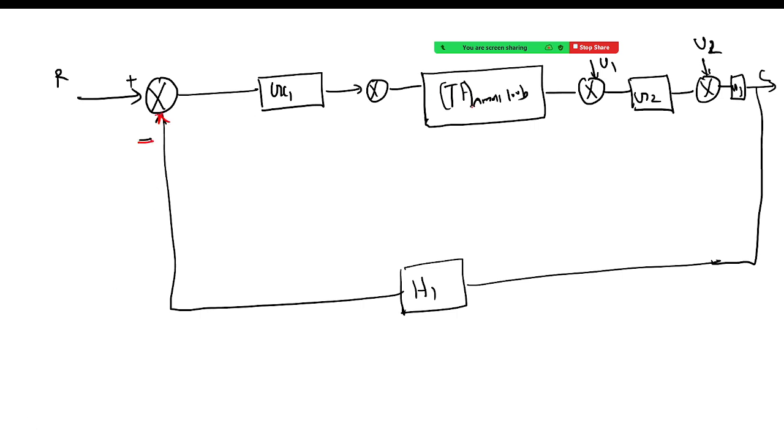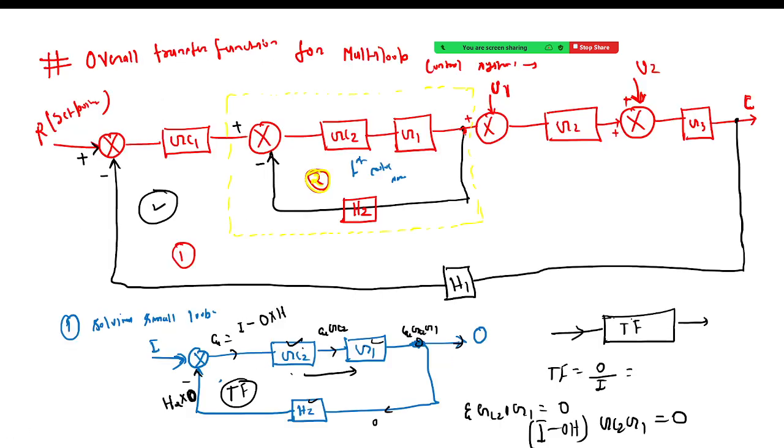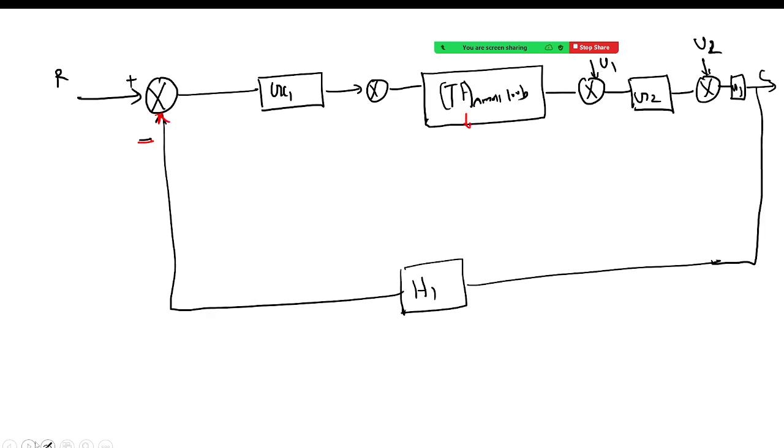So the transfer function of this one we have already calculated, that is Gc2 G1 upon 1 plus H2 Gc2 G1. Right? So now we are very much interested in knowing the value of C divided by R, because this is our main loop. This is your output. This is your input. So what is C divided by R?